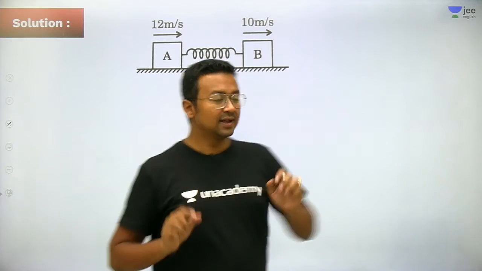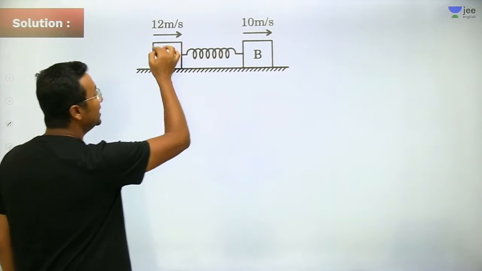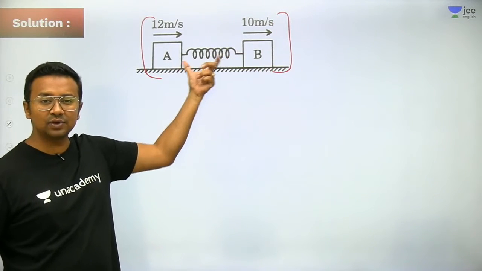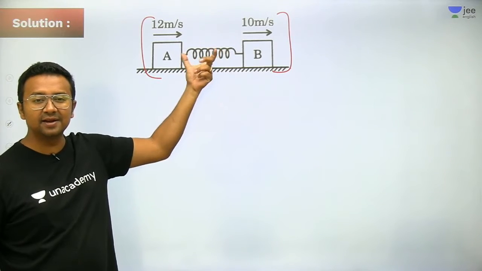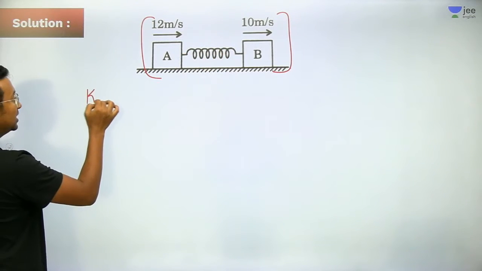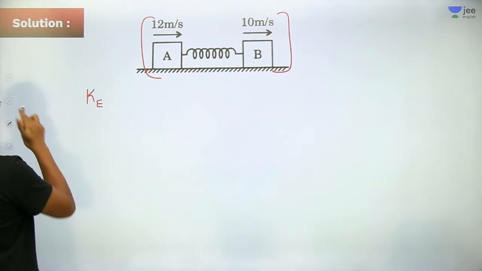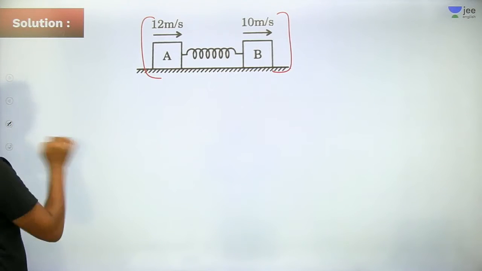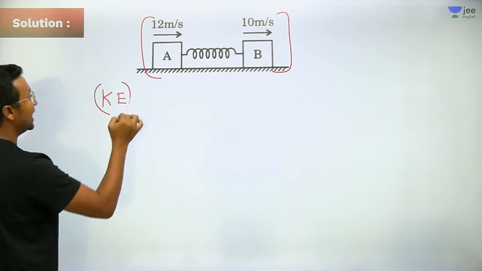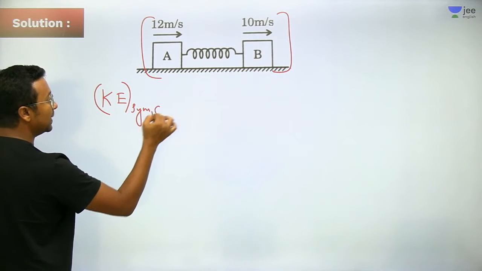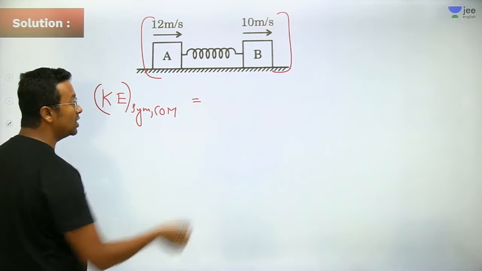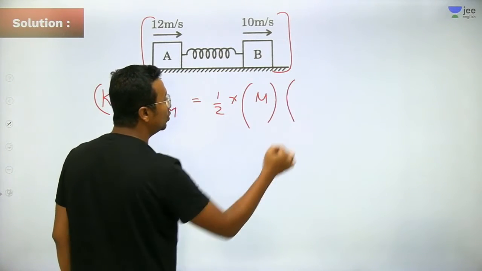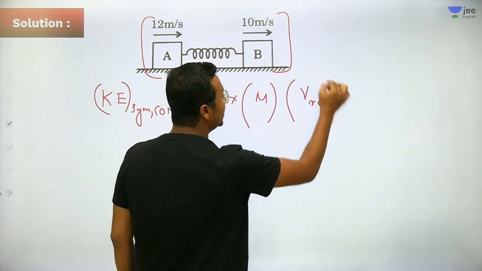Initially, these two together with respect to the center of mass, their net energy, that is the kinetic energy of the entire system with respect to the center of mass, is equal to half into the reduced mass into relative velocity whole square.